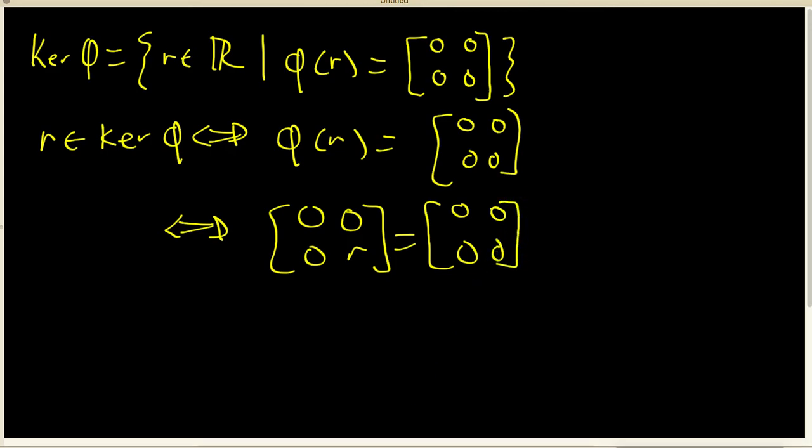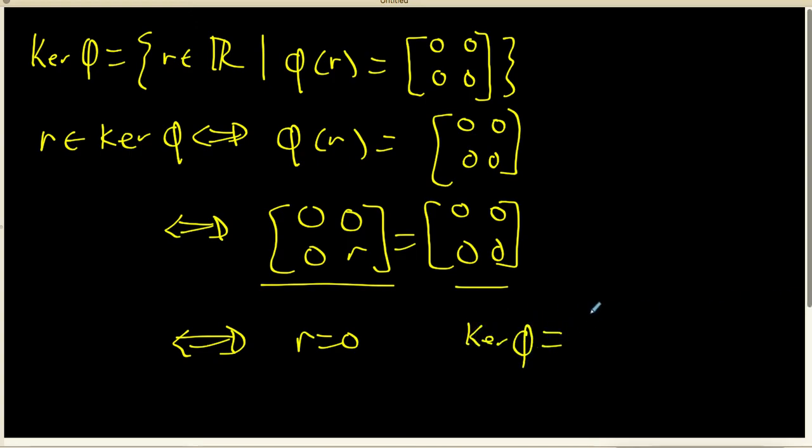And the only way those two matrices can be the same is for that last element to be the same. In other words, these two matrices are the same if and only if r is equal to 0.